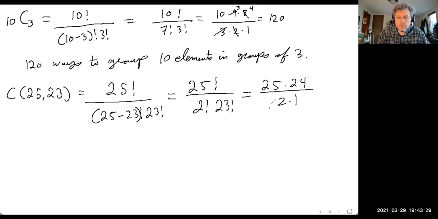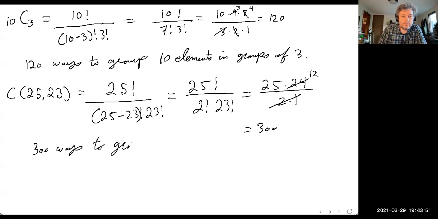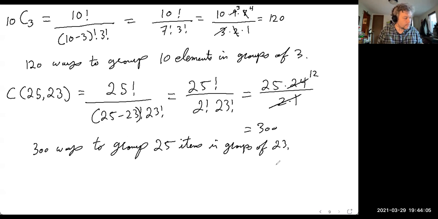We can cancel the 2 with the 24 to make 12. So then we have 12 times 25, and I think that's 300. So I claim there are 300 ways to group 25 items in groups of 23. That's how we can understand what we just figured out.